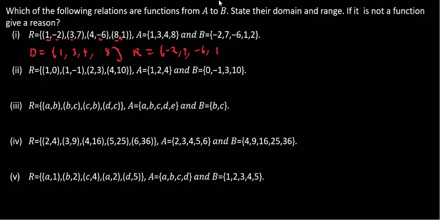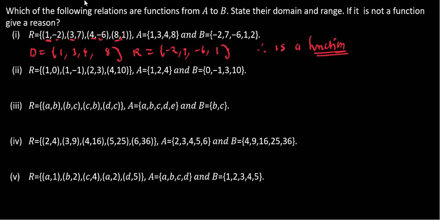So those are what we call the range. Now, if I may ask, do we have anything that is repeating in the x-axis here? In the x-axis, there is nothing that is repeating. So you say, therefore, the first one is a function because there is nothing that is repeating there.